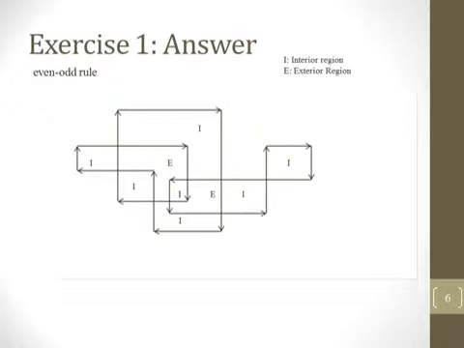If the number of line crossings is odd, then the region is an interior region. If the number of line crossings is even, then the region is an exterior region.